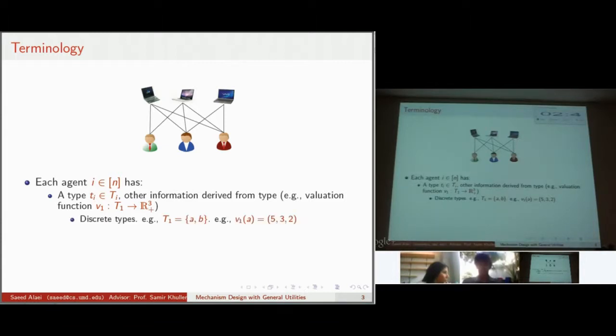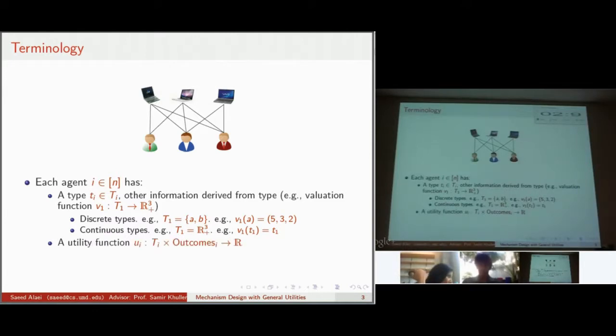In a discrete type space, we have a bunch of types like A and B, for example, and then we can define other information of the agent for each type separately. For example, type A has a valuation vector 5, 3, and 2 for the 3 items. And for continuous types, an example is R cubed, where each component of the vector is the valuation of the agent for each of the items.